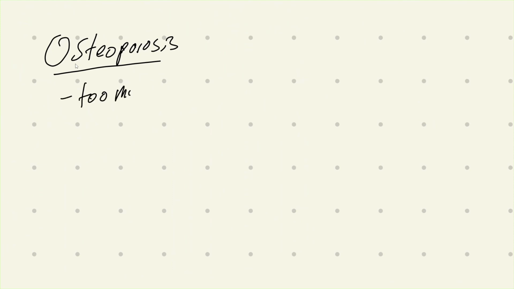Alright, and so then we're going to talk about osteoporosis. I'm sure you guys have heard of it, but this is just too much bone breakdown and not enough formation.